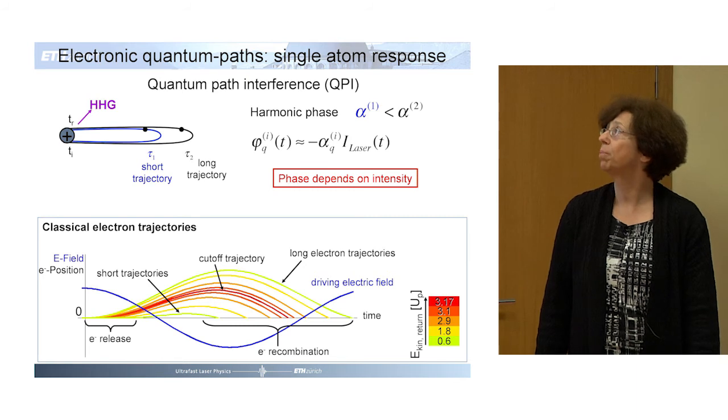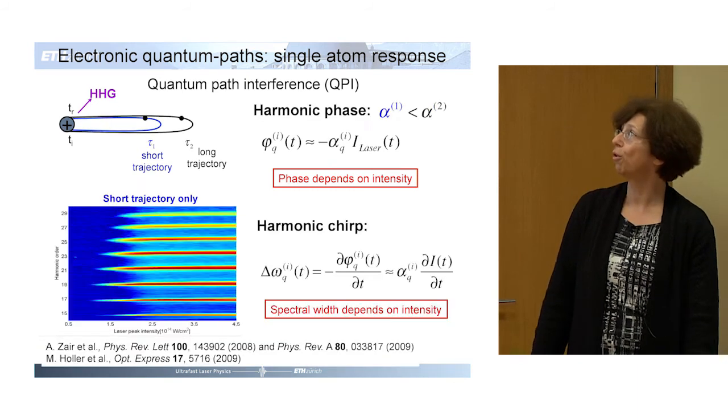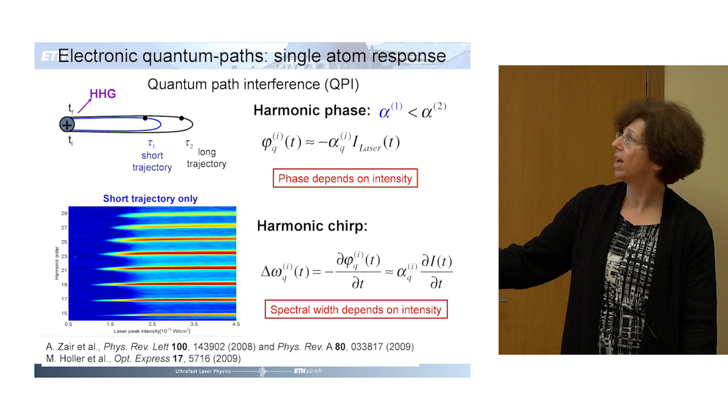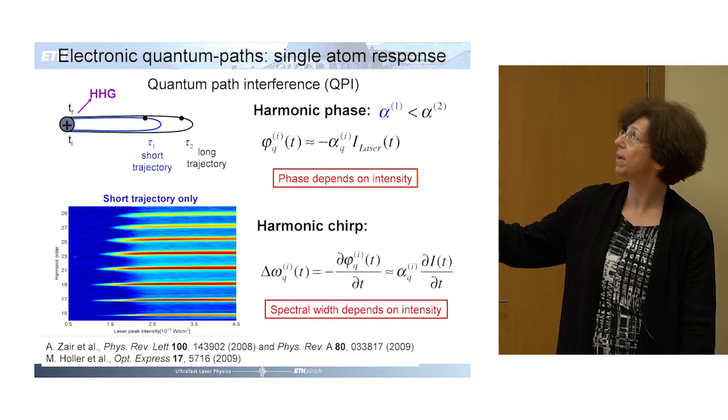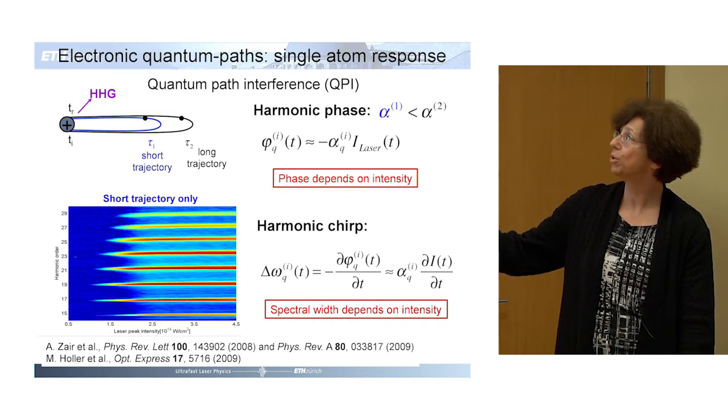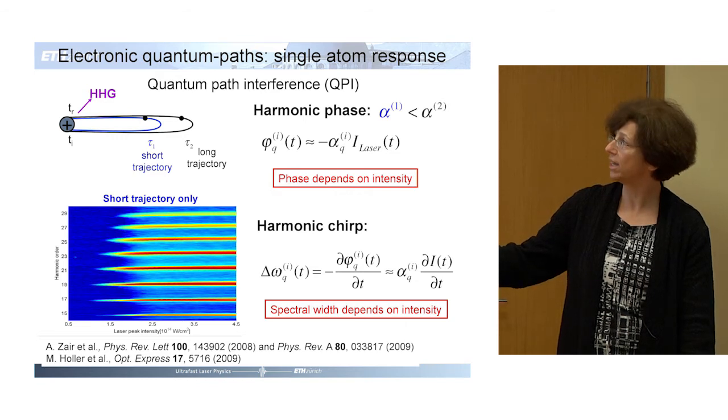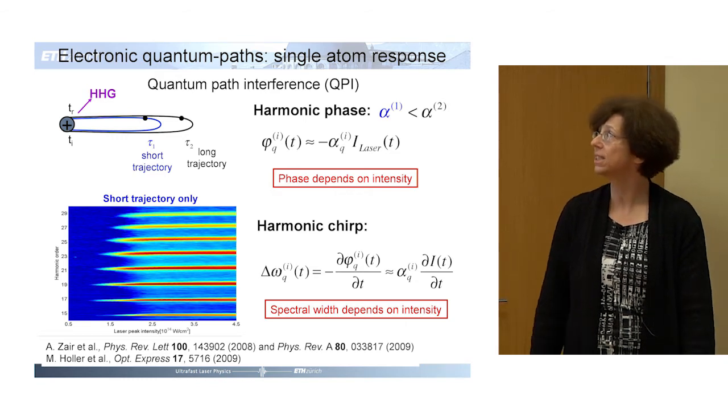Then people predicted, first of all, that when you look at the harmonics as a function of laser intensity, because you have a time dependence and a phase shift, you would expect a broadening of the harmonics, which was nicely observed with increased intensities.